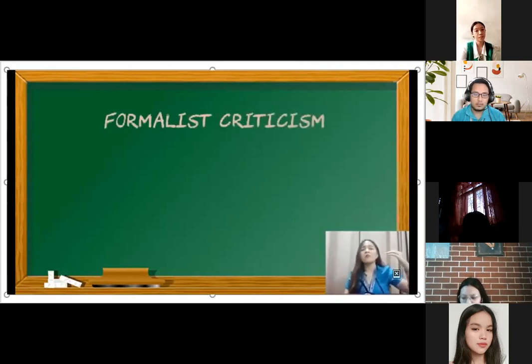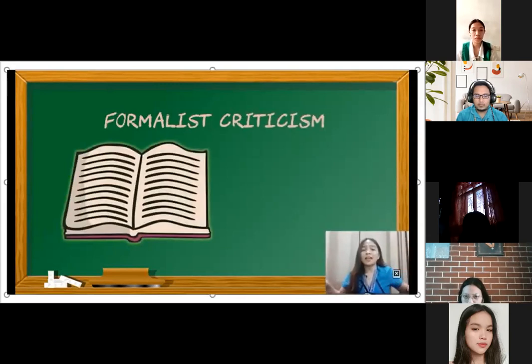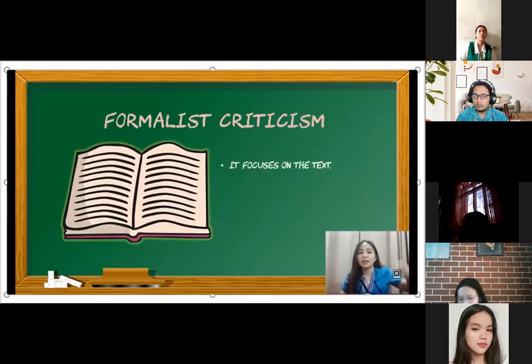Now, when we say formalist criticism, when we are going to be analyzing a text, we are just going to be analyzing the text itself. It focuses on the text. The background of the text, the background of the author doesn't matter.